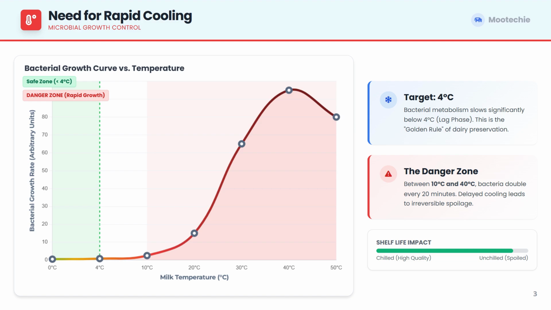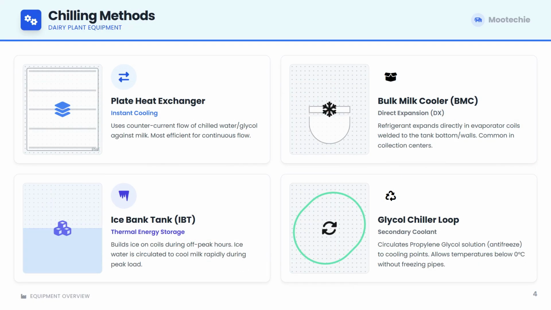Several chilling methods are used in dairy plants. First, plate heat exchanger. It allows instant cooling using counter-current flow of chilled water or glycol. Highly efficient for continuous processing. Second, bulk milk cooler. Uses direct expansion refrigeration. Common in collection centers.